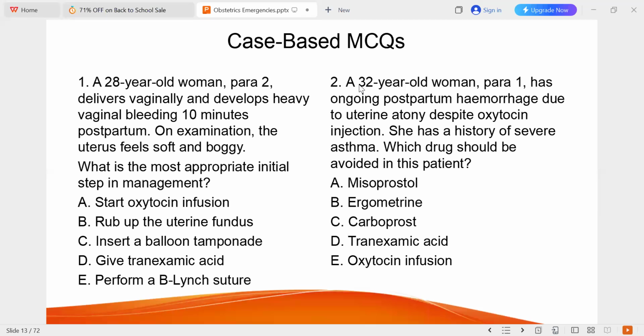Misoprostol is also a prostaglandin analog. But here, I think this question is a little tricky, but I will go for C. Why, sir?